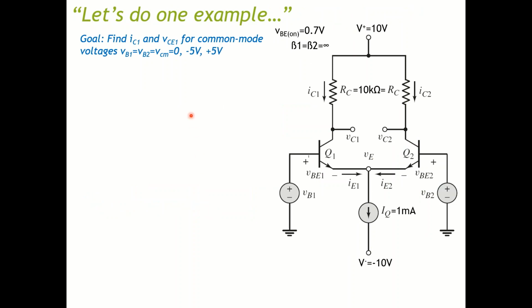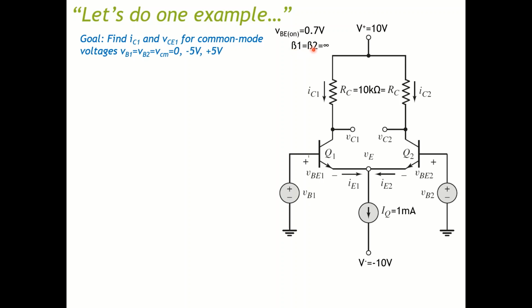Let's go through one example together. So I have the basic differential pair BJT pair here. I hook it up to 10 volts on the top and negative 10 volts on the bottom. These two transistors Q1 and Q2 are identical, so the VBE on will be both 0.7 volt.